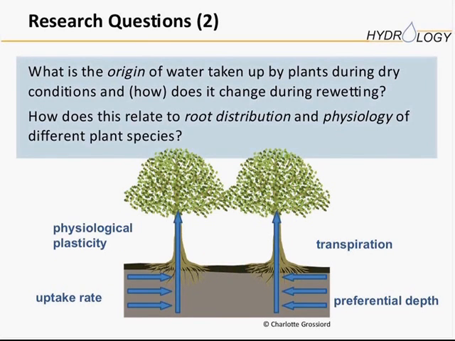The second question is, what is the origin of water taken up by plants during dry conditions, and how does it change during the re-wetting? And I will show you a couple of examples of that, and how does this relate to root distribution and the physiology of the different plant species. So can different plant species be distinguished, and do they change their acquisition of water in the soil?